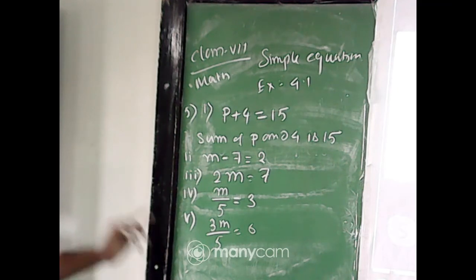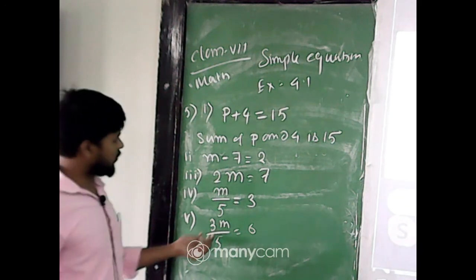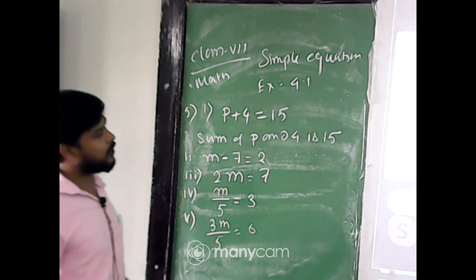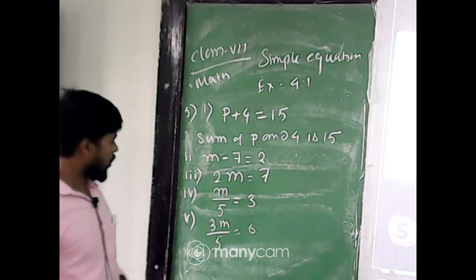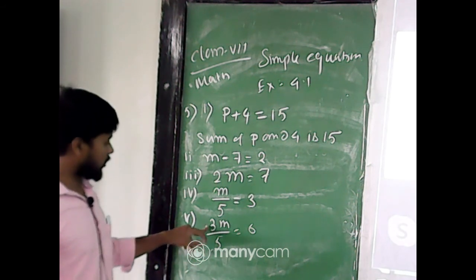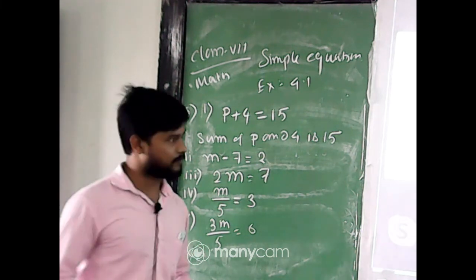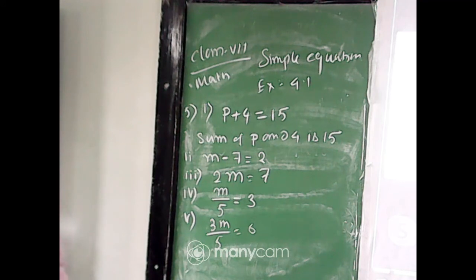Just correct your answer once. Okay, no problem, Tanisha. So that will be 3 by 5 of m is equal to 6. You can write 3 times m by 5, or 3 multiplied by m and divided by 5, the result is 6. Yes, Suman, you can write.